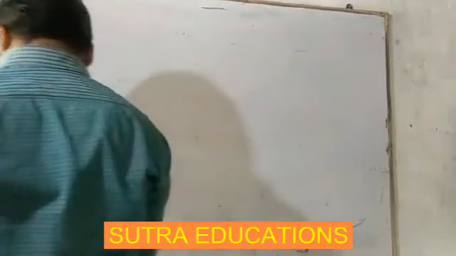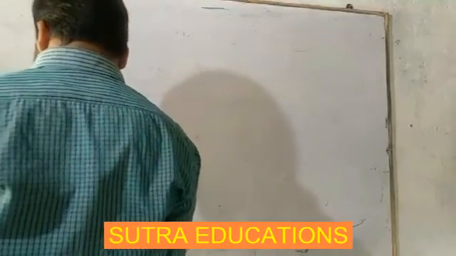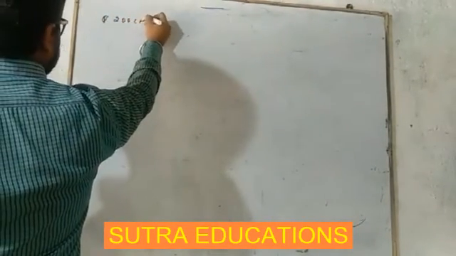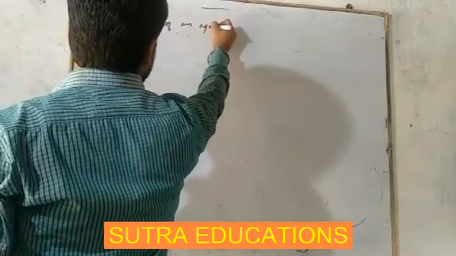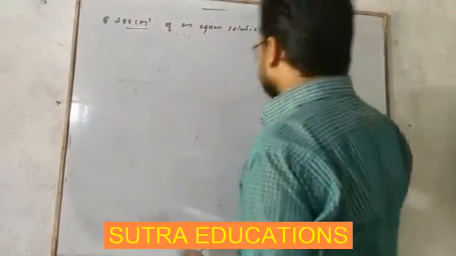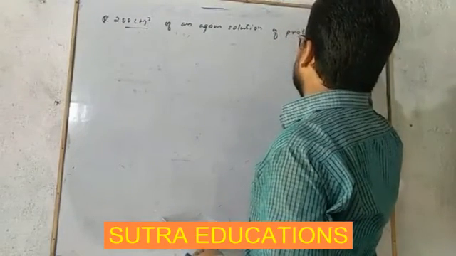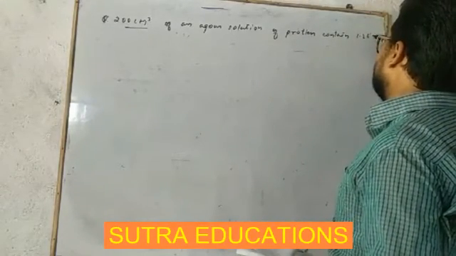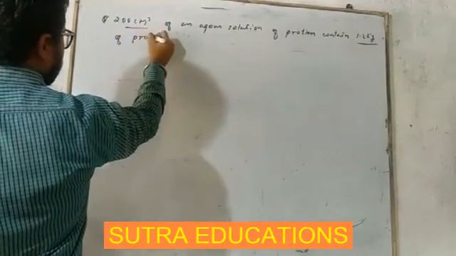Next question is: 200 centimeter cube of an aqueous solution of protein contains 1.26 gram of protein.